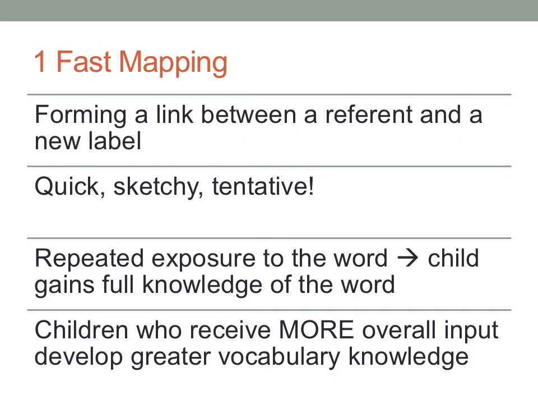When we think about fast mapping for children on the autism spectrum, we know that children with autism are often not looking in the right direction. They're not attending to the same object as the adult or the older child, and so their attention is diverted somewhere different.